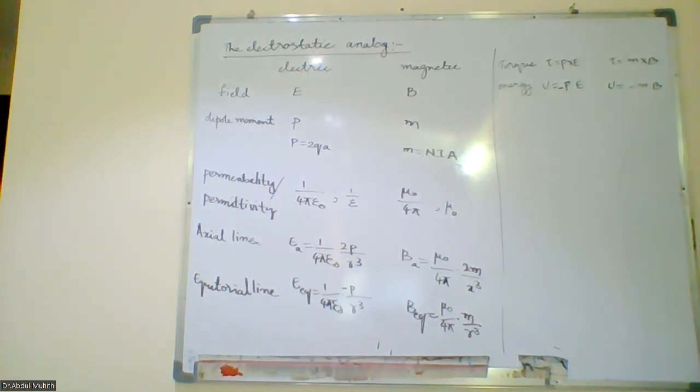So it is minus p dot E and minus m dot B.